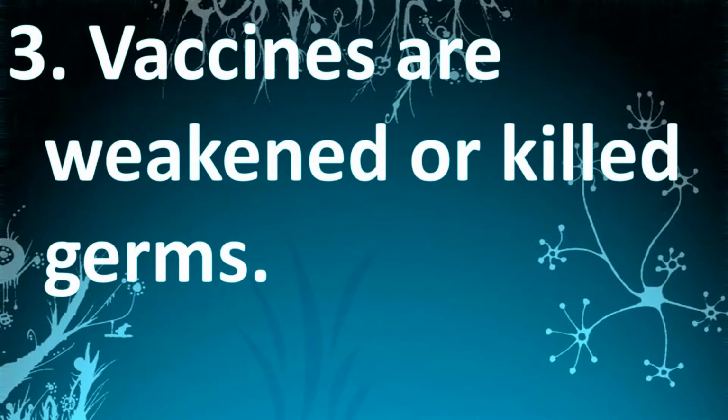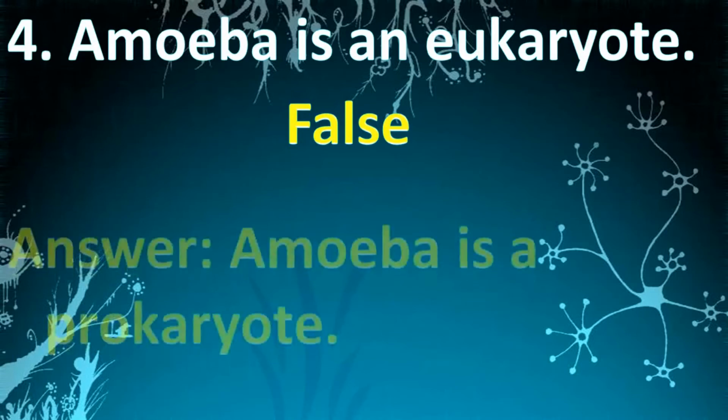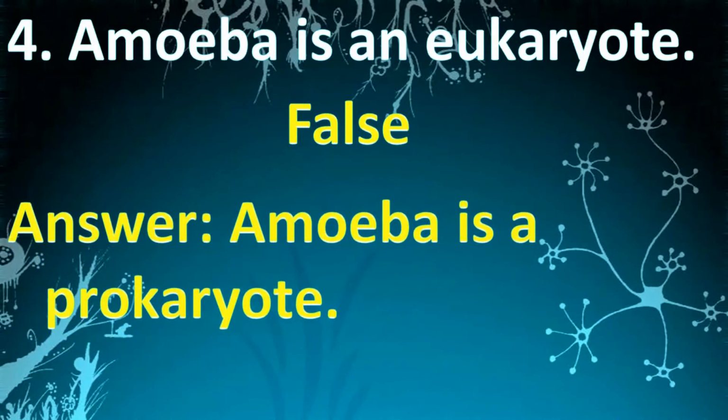Vaccines are weakened or killed germs. Answer is true. Next question. Amoeba is eukaryotic. Answer is false. Correct statement is Amoeba is a prokaryote.